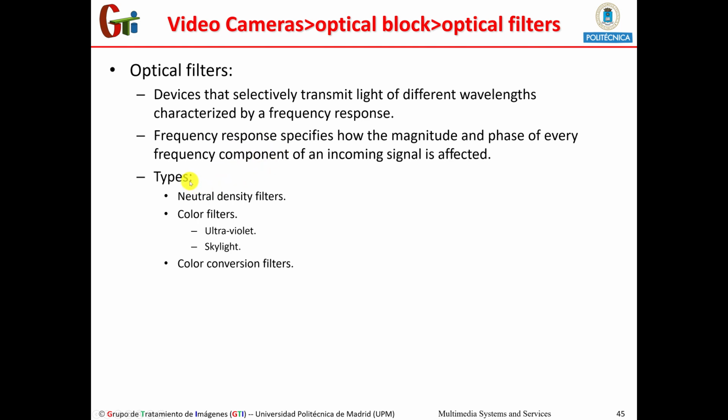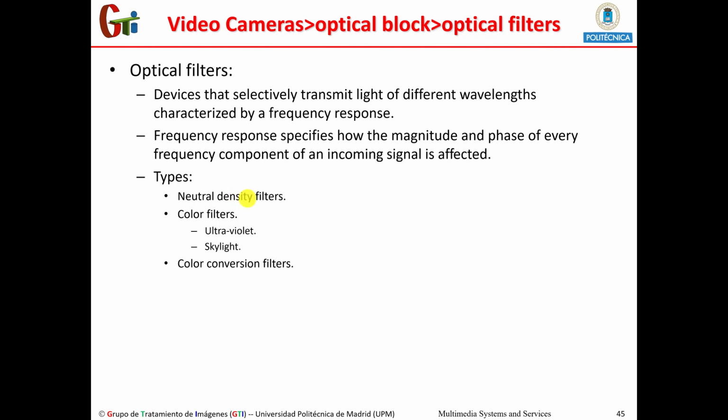We have different types of optical filters: neutral density filters, color filters, color conversion filters. For example, neutral density filters are used just to attenuate the signal amplitude of the incoming rays.